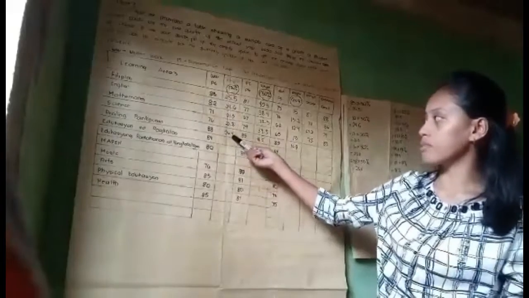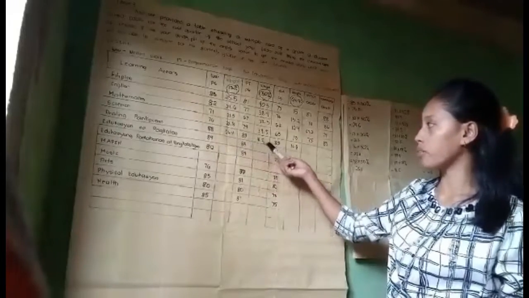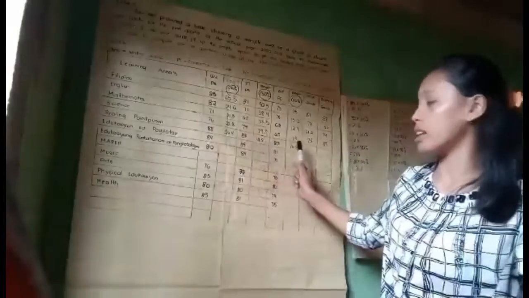For the initial grade, let's add 26.4, 41.5, and 16.8. 26.4 plus 41.5 plus 16.8 is equal to 84.